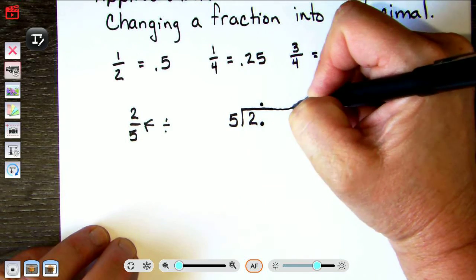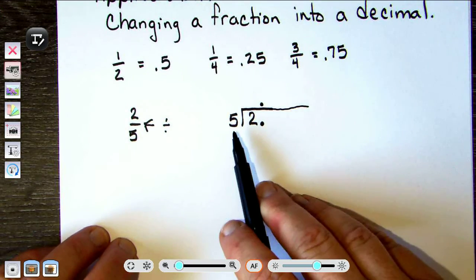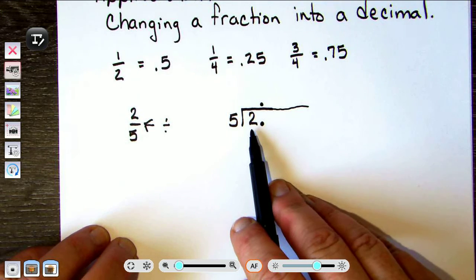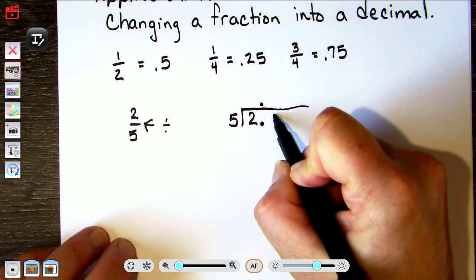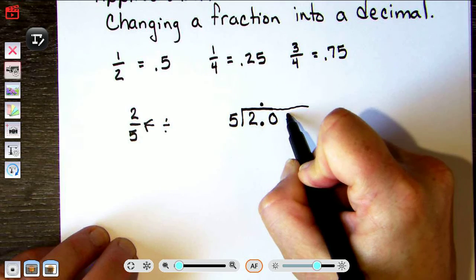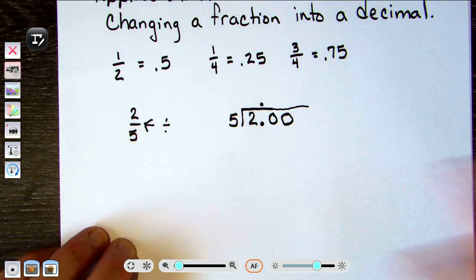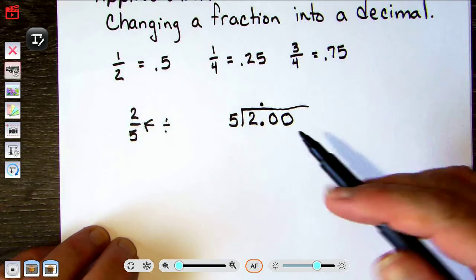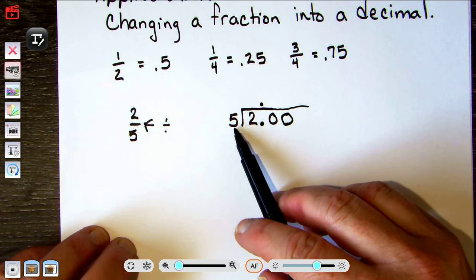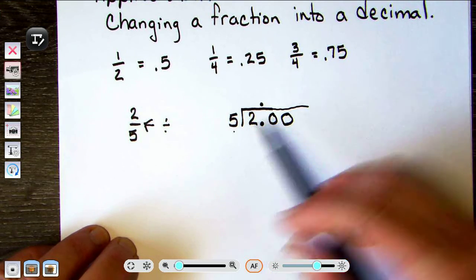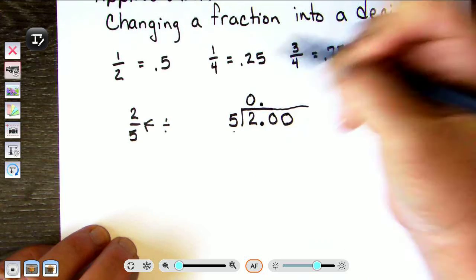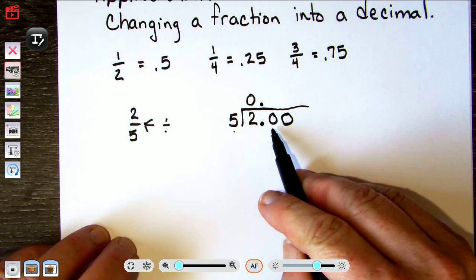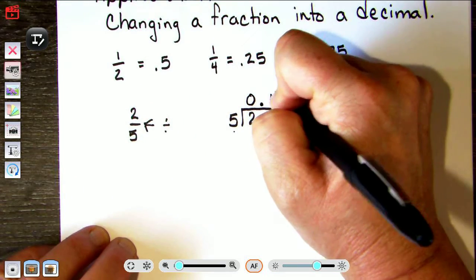Okay? Now I'm going to do my long division. Does 5 go into 2? It does not. So I'm going to start adding some zeros here to accommodate for the fact I might need to do some more digits, which I do. So 5 does not go into 2, so that's 0. So 5 into 20, that is actually 4 times.